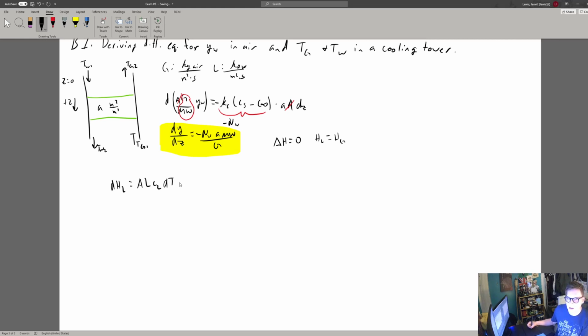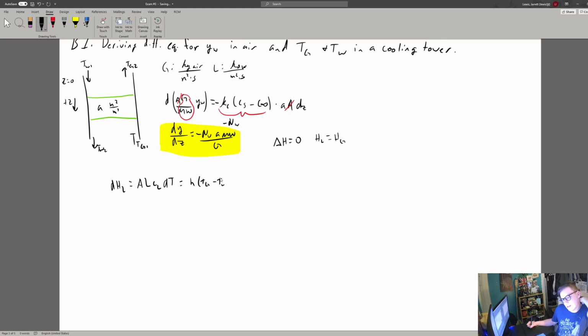And so we can actually expand this equation a little bit, that way we can work with the unknowns that we have. So we're going to use the heat transfer equation: the heat transfer coefficient times the temperature of the gas minus the temperature of the liquid.